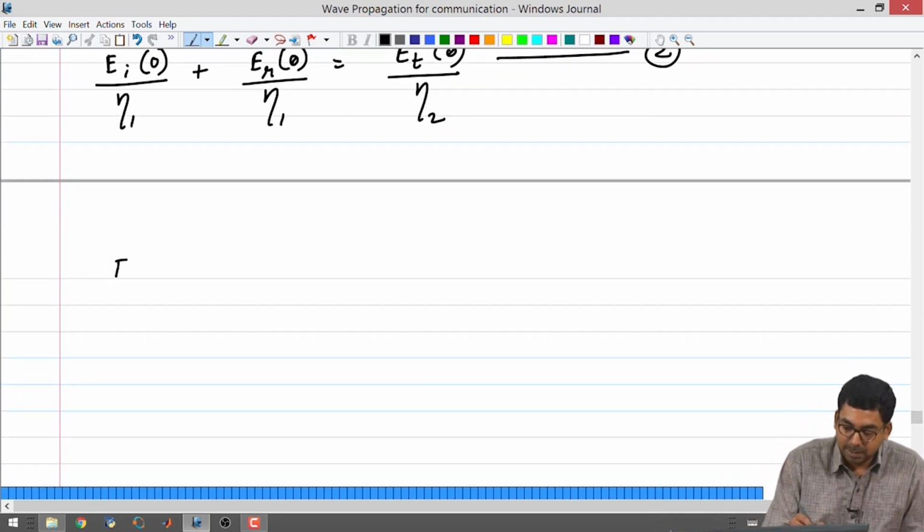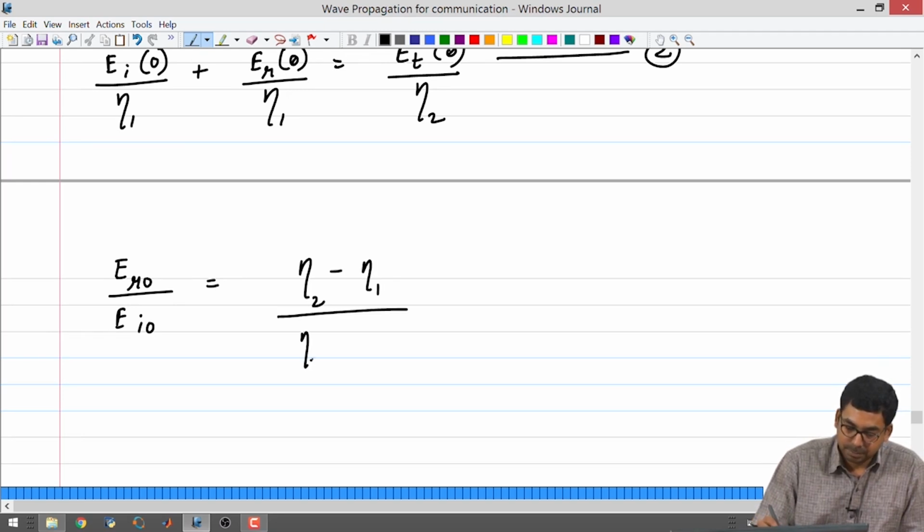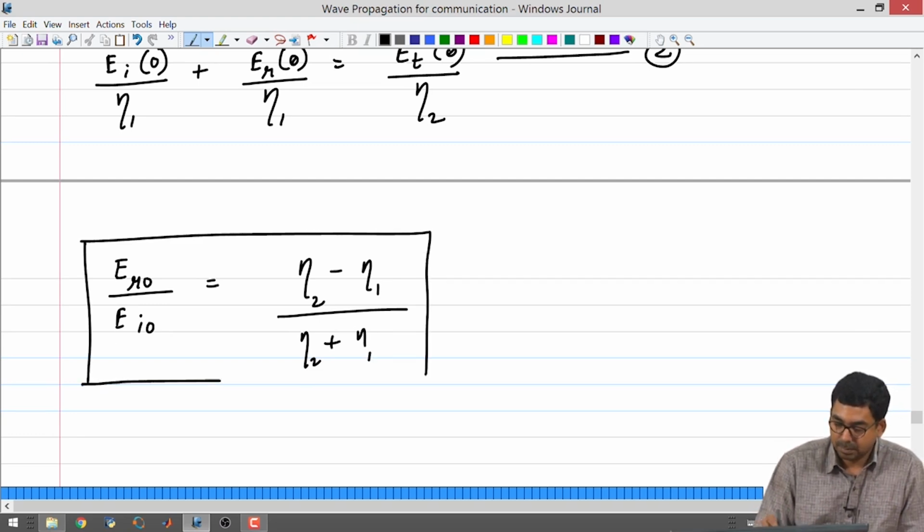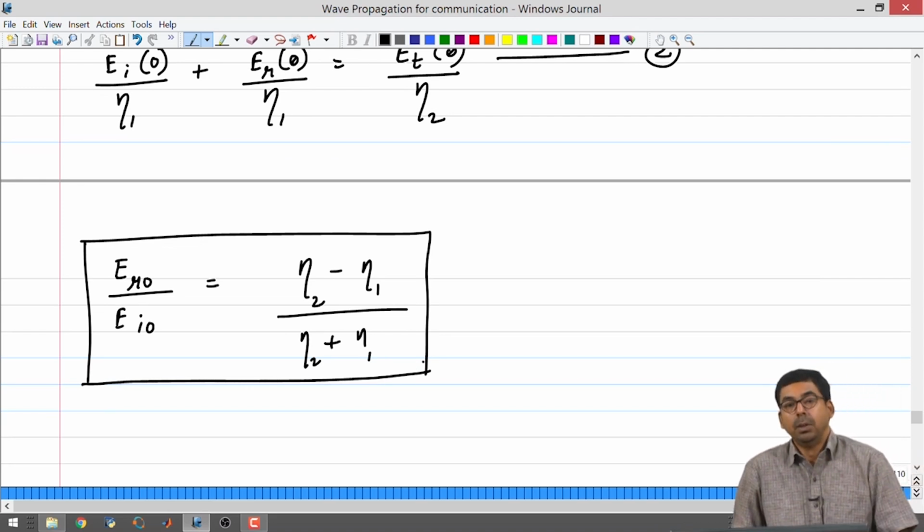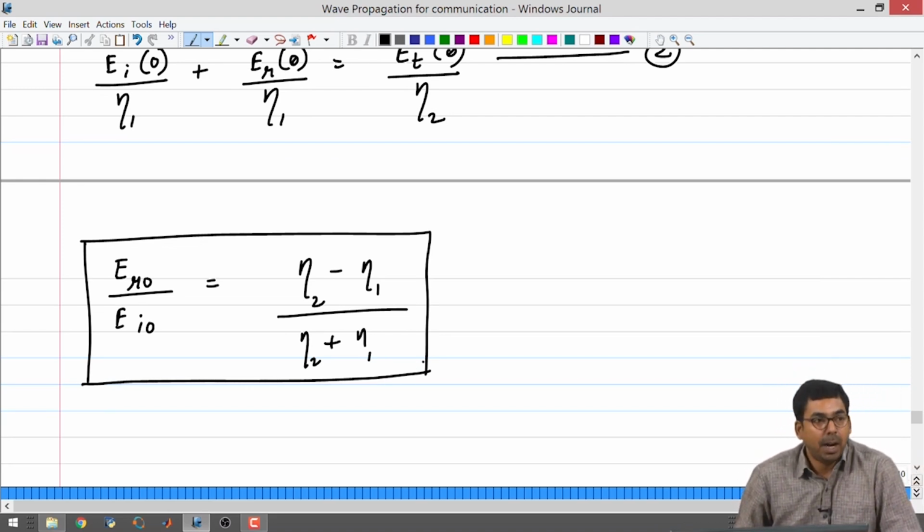So, what happens is it looks exactly like what you had in transmission lines. ZL minus Z0 by ZL plus Z0 is what we had in transmission lines.